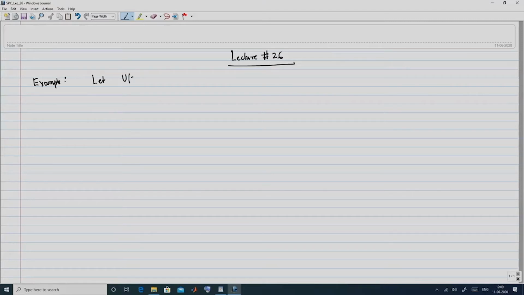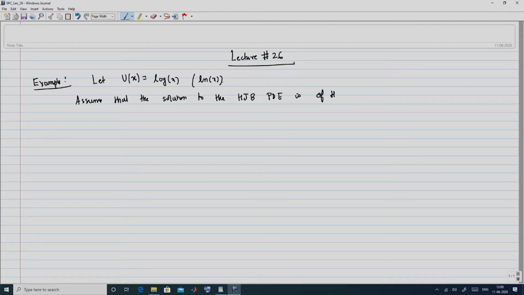Here, let us consider that the utility function is log x, that means natural log of x, and we assume that the solution to the HJB equation is of the form V(t, x).